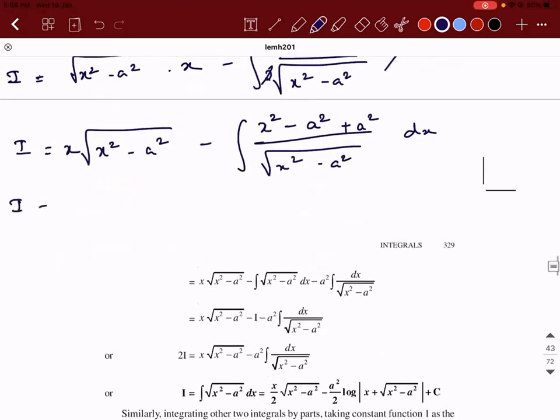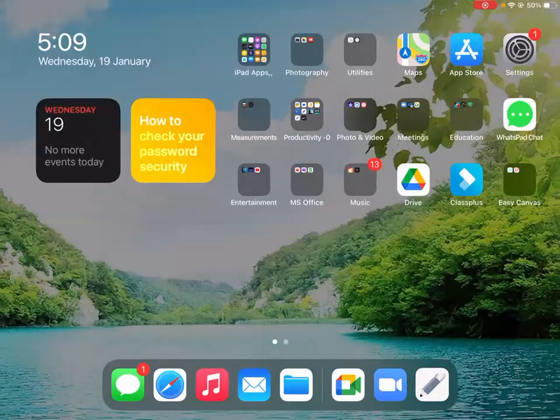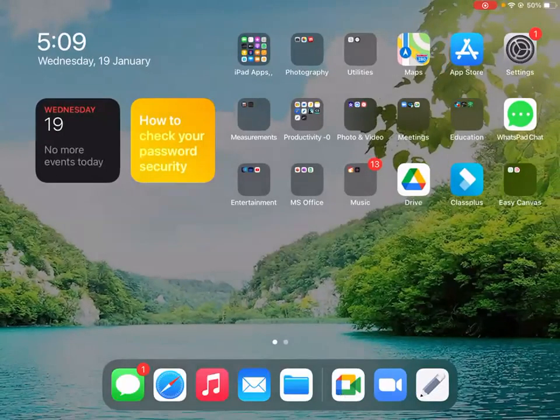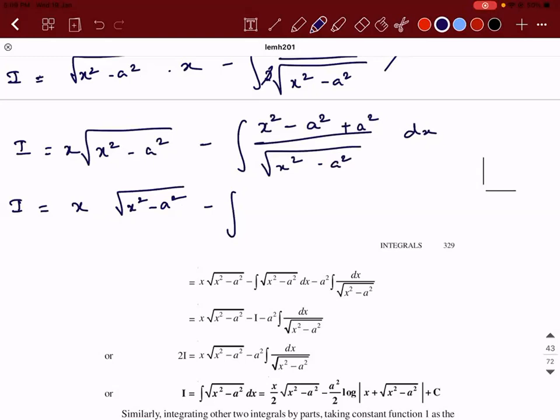So I will be equal to x into root of x square minus a square minus, this will become integral of root of x square minus a square minus integral of a square by root of x square minus a square dx.